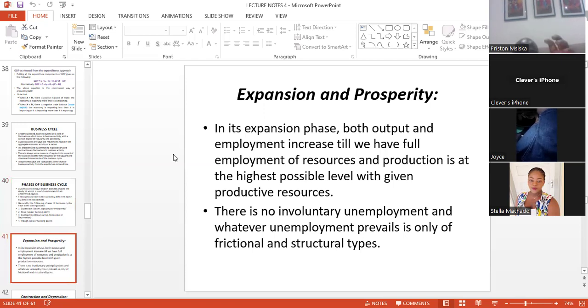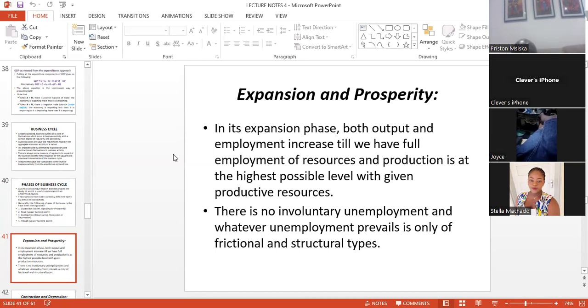So these things are related. If you take phase 1, which is expansion and prosperity, in this stage both output and employment are increasing.